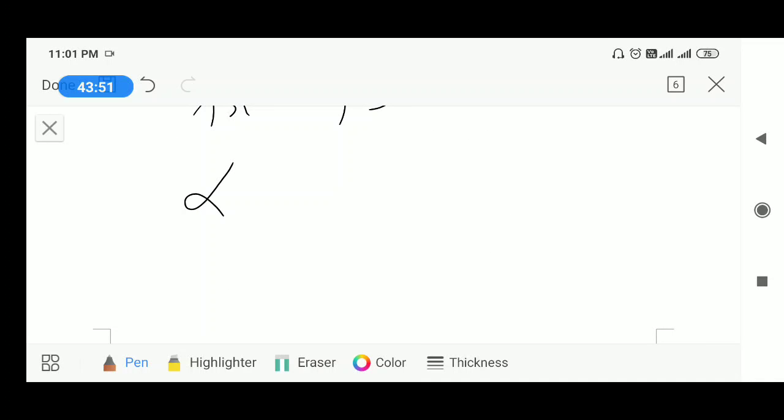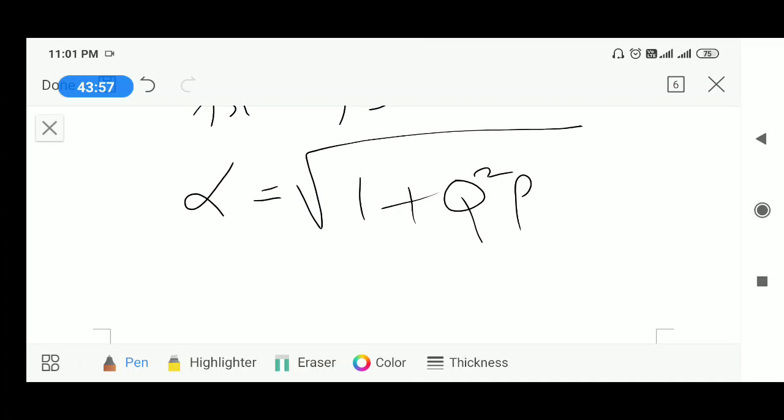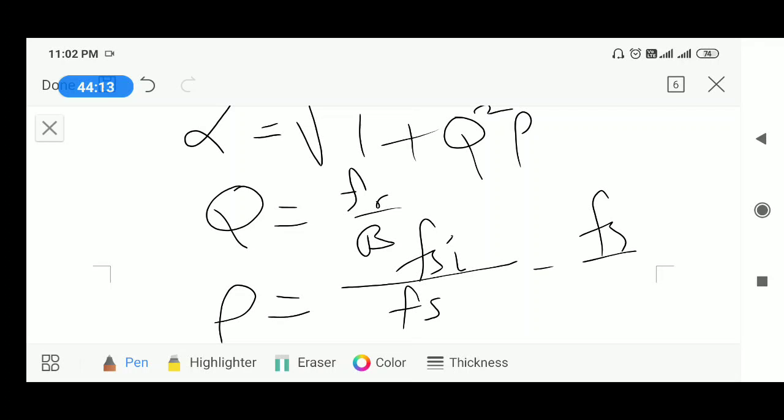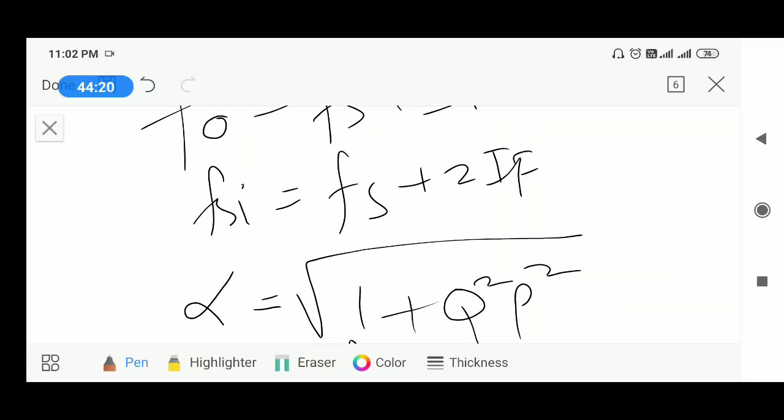Its rejection ratio alpha is equal to the square root of 1 plus Q square rho square, where Q equals resonant frequency by bandwidth, and rho is equal to Fsi by Fs minus Fs by Fsi. In general, the image frequency rejection ratio is the gain at the image frequency divided by the gain at the desired signal frequency.